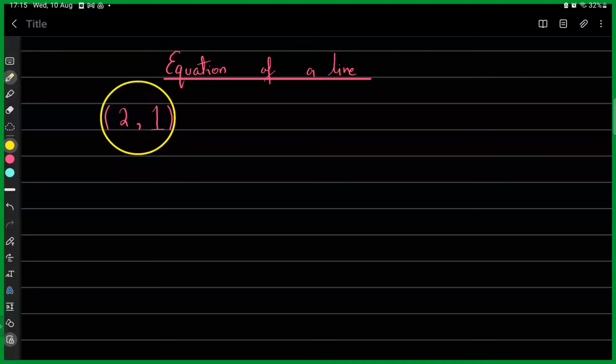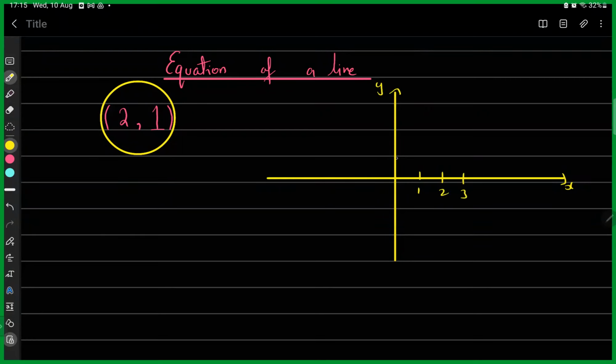Now for example, if I write it down over here, we have the x-axis and then we have the y-axis. So we have 1, 2, 3, and 1, 2, 3. This point is 2, 1. This means x is 2 and y is 1.